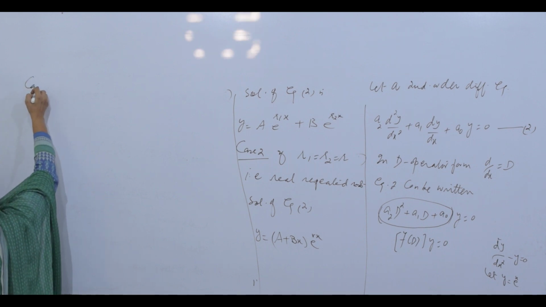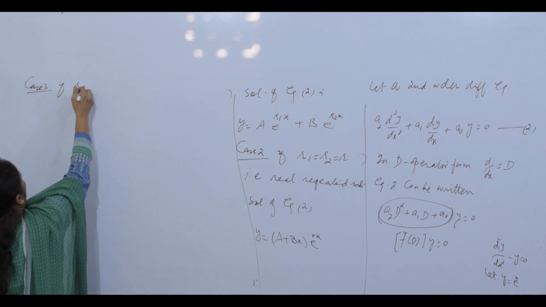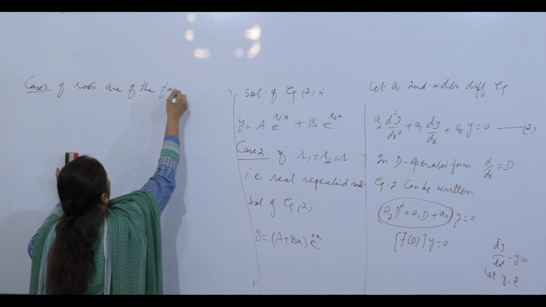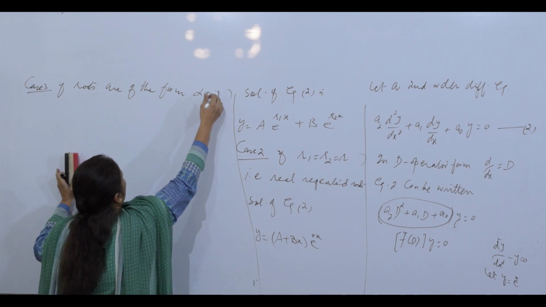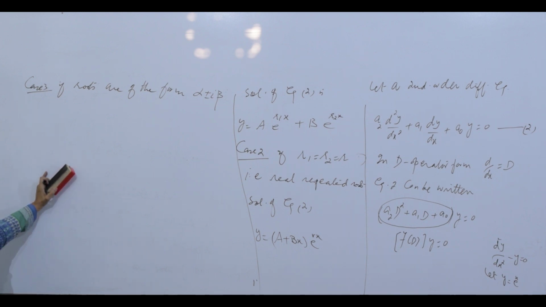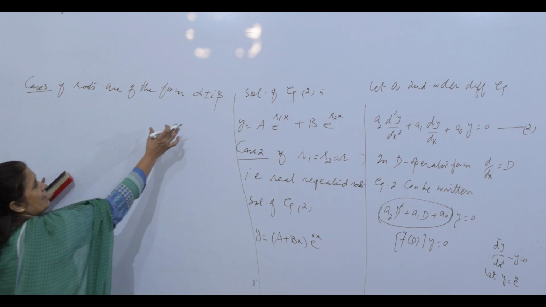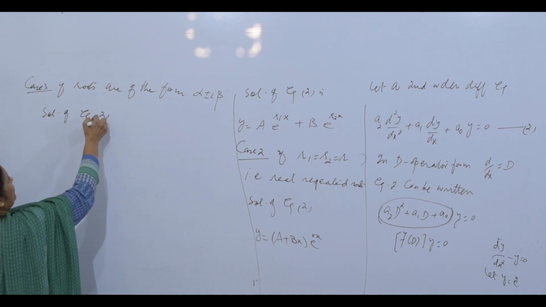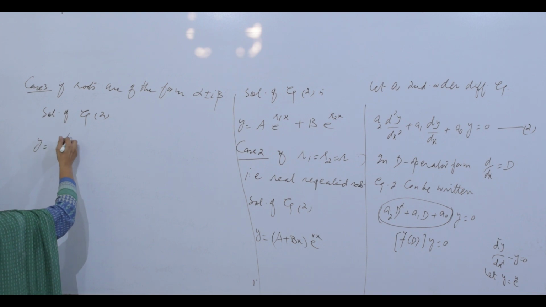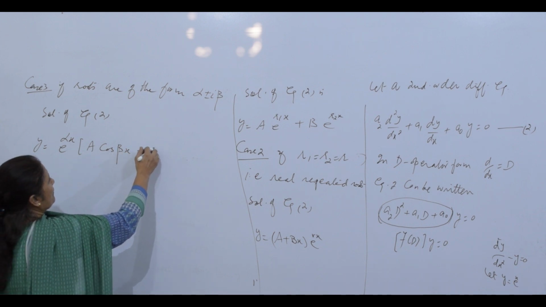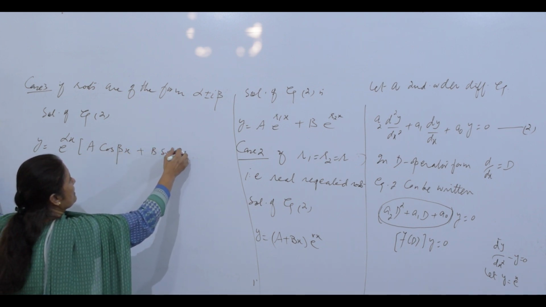Case 3. If roots are of the form alpha plus minus i beta, where alpha, beta are real, that is, when solving a quadratic auxiliary equation the roots look like this, then the solution of equation 2 is e^(alpha x) (A cos beta x plus B sin beta x).